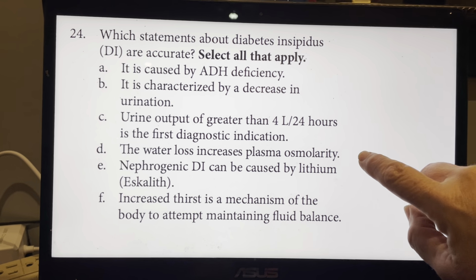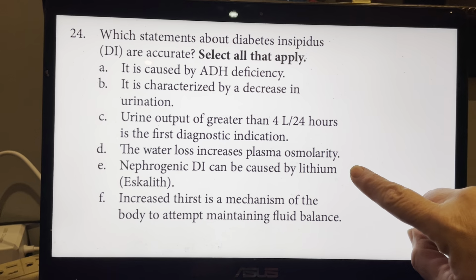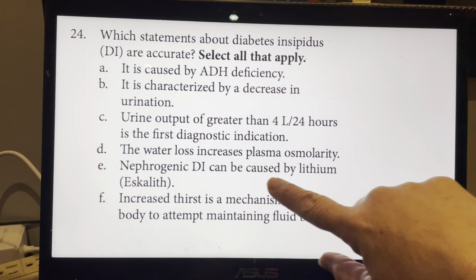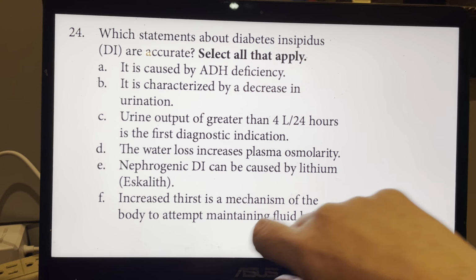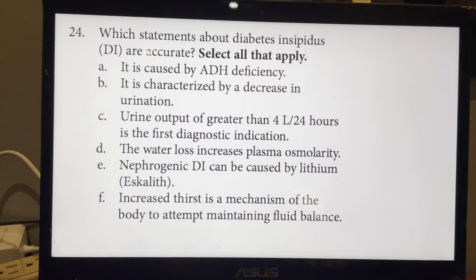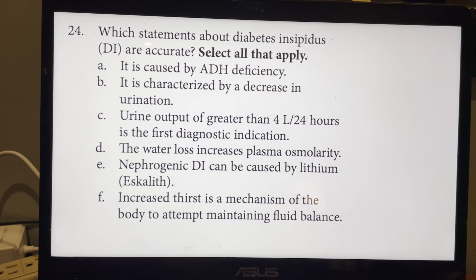The water loss increases plasma osmolarity. Nephrogenic diabetes insipidus can be caused by lithium. Increased thirst is a mechanism of the body in an attempt to maintain fluid balance.